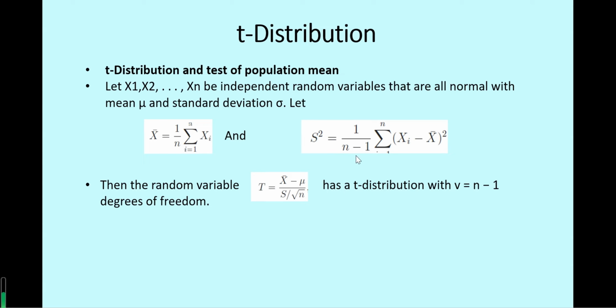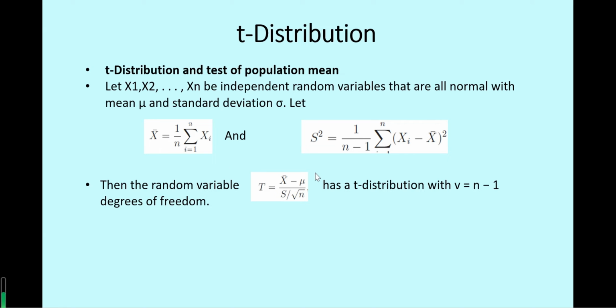Just note the sample variance is the sum of the squares of the differences between each value and x bar, the sample mean, divided by n minus 1.